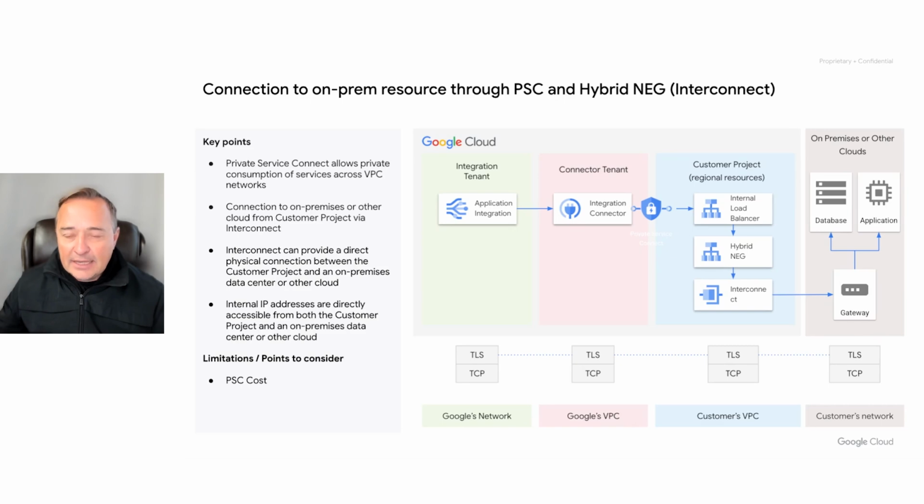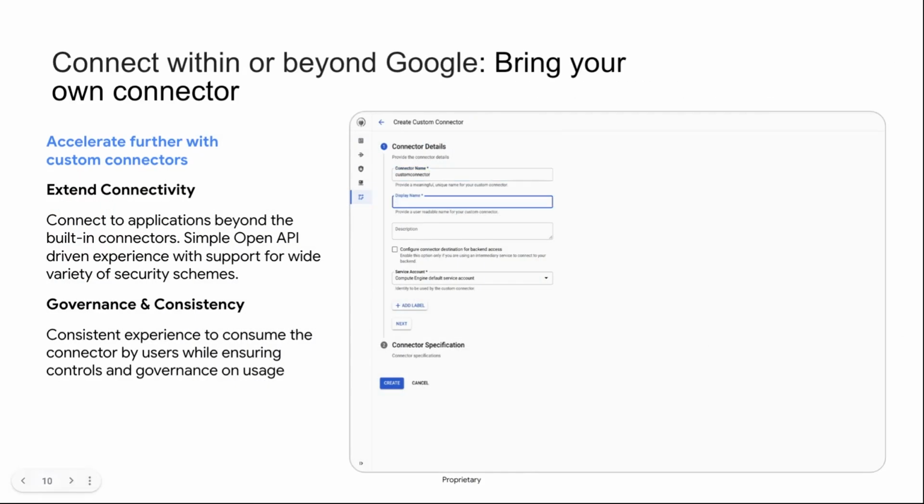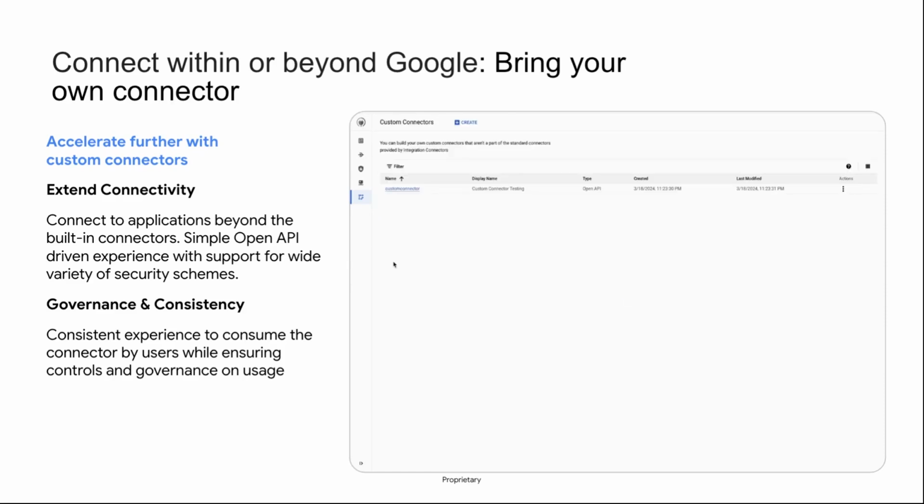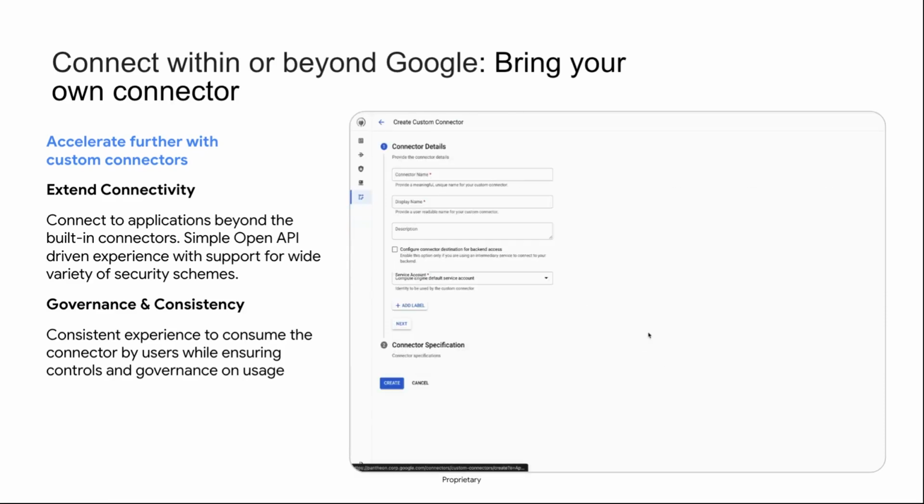The other point I want to bring to you about connectors is that you can actually build your own connector. So we call this bring your own connector or custom connectors. And you can see in this demo that's playing, it's as simple as pointing the connector configuration to an OpenAPI spec.